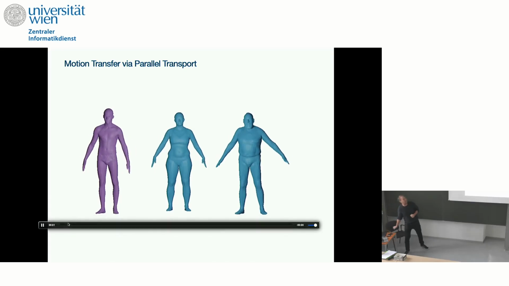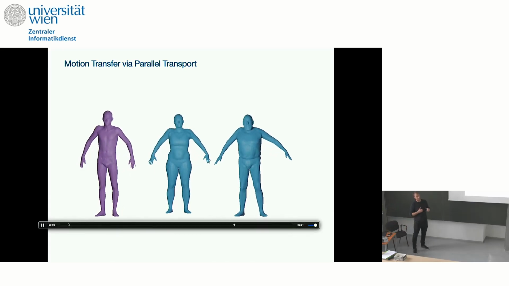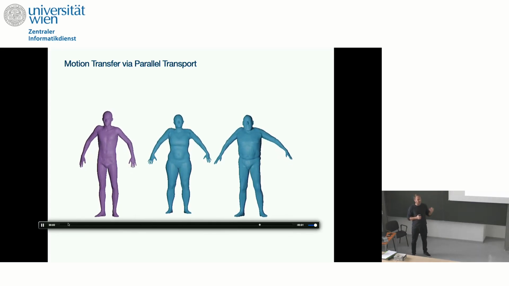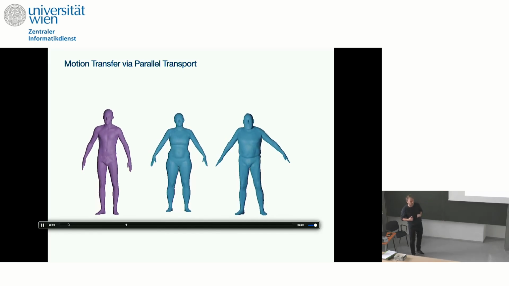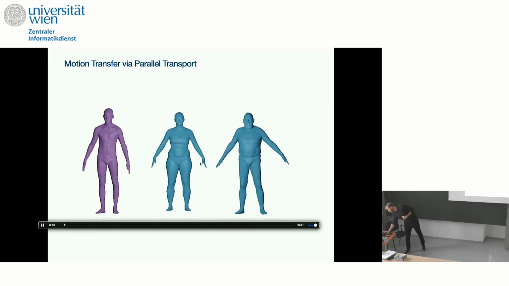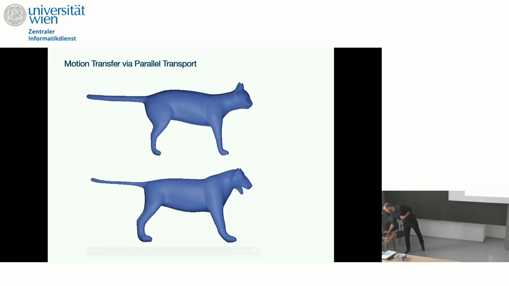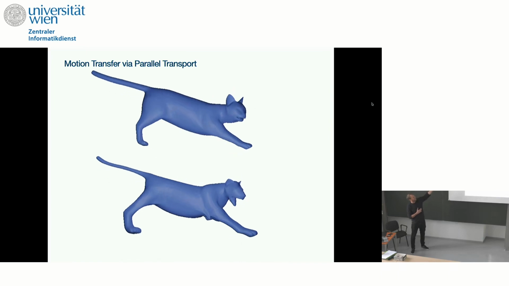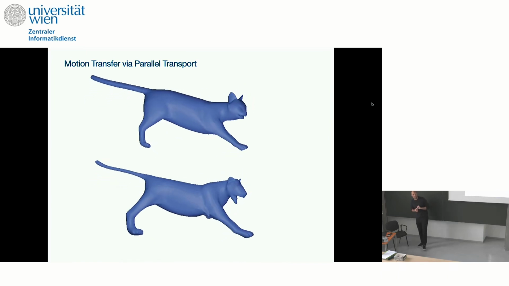We have also implemented methods like motion transfer. What you see here is we took a motion on the very left, and we transferred the motion from the violet to the two shapes on the right. Maybe one other example where we transfer the motion from the cat to the mountain lion.